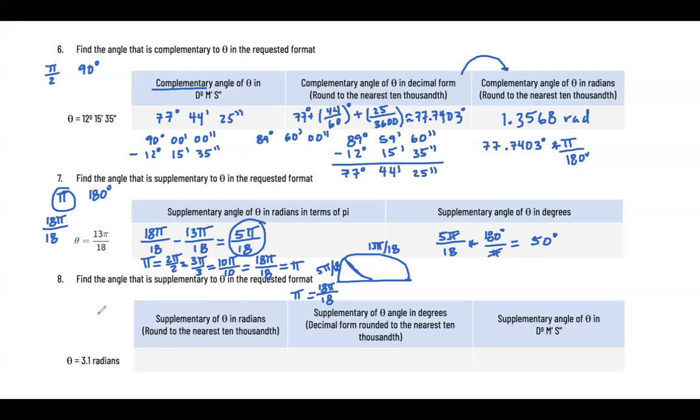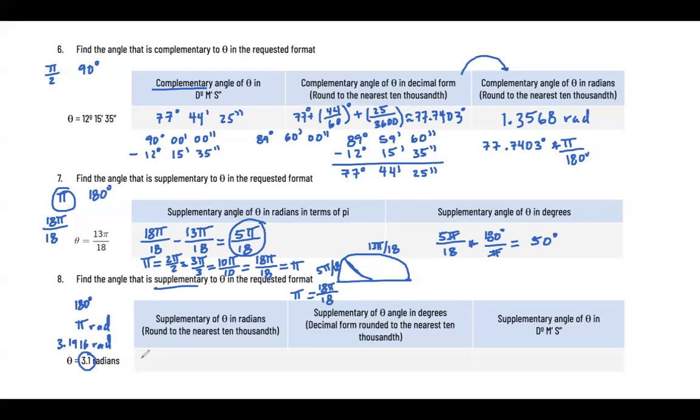Now, this next problem is about supplementary angles, but instead of reaching 180, because the angle is in radians, we're going to keep thinking in terms of pi. But because this is in decimal form, it might be of benefit thinking of pi in terms of its decimal approximation, 3.1416 radians.